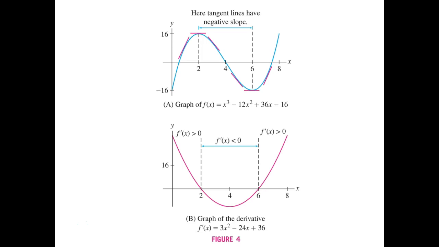So where the first derivative is 0, this is a graph of the first derivative. Where the first derivative is 0, the slope is 0 here. Then the first derivative turns negative, so you're negative here. And this is sort of hard to see. We'll get to it later.